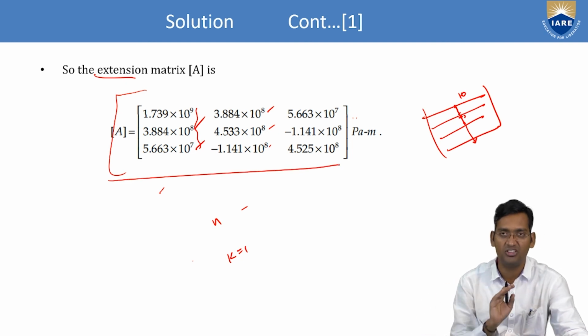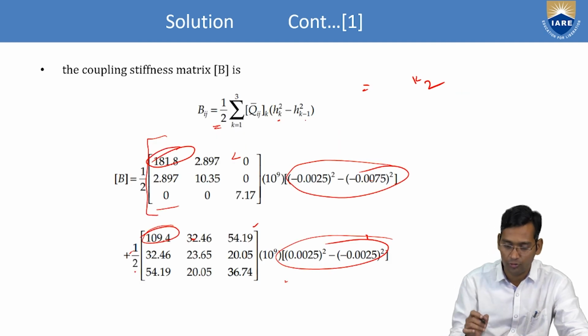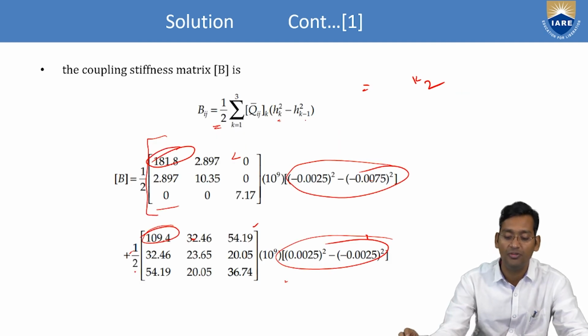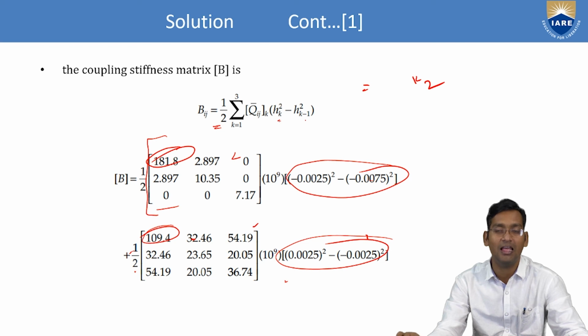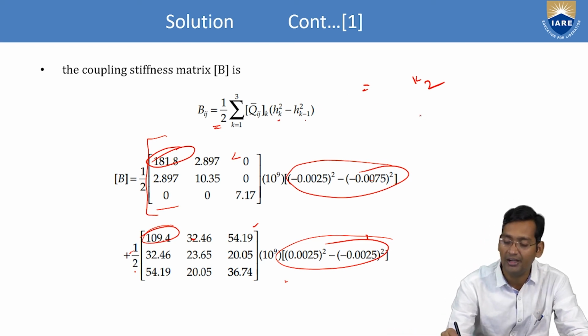Now next is B. The same thing, the Q reduced matrix you have to use, only the formula will be different. There it was hk minus hk minus 1. But here one more term gets added: hk minus hk minus 1 into hk plus hk minus 1.